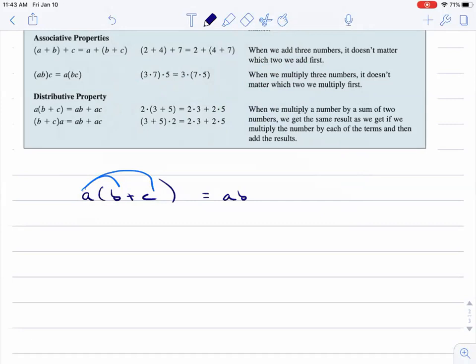AB is the same as A times B. And then plus AC, because it's A times C. Same thing happens if the multiplier is on the other side. We can pull the A out to either side, but either way, it's going to hop back on to each term inside the brackets.